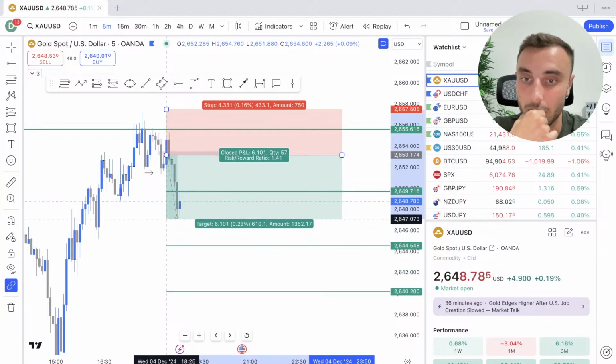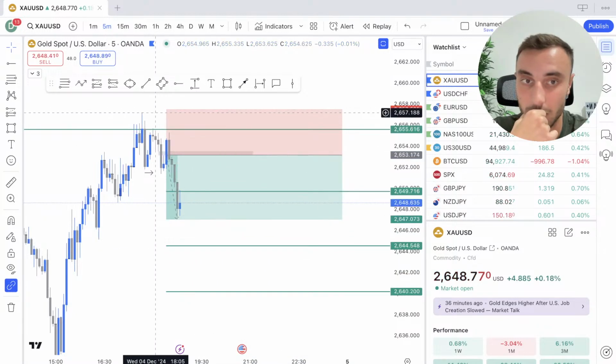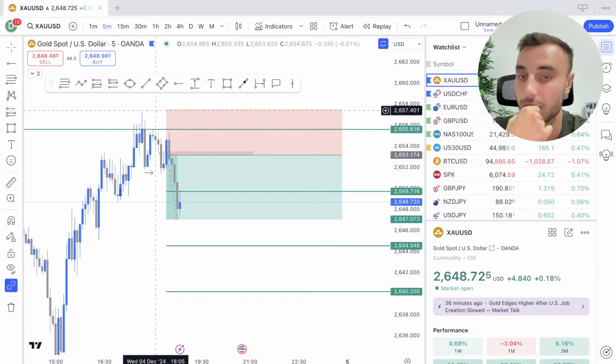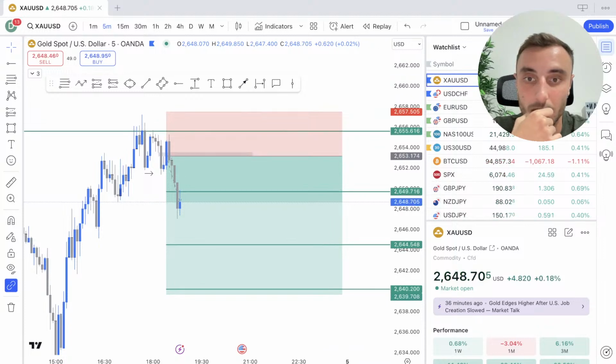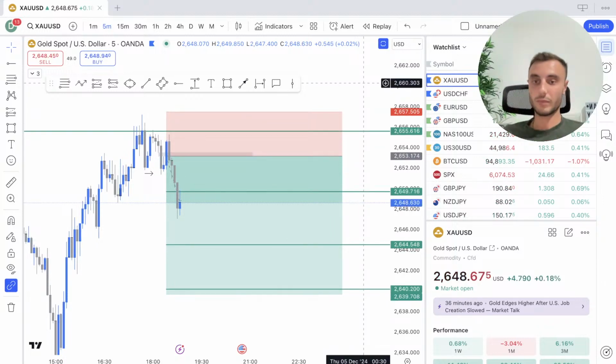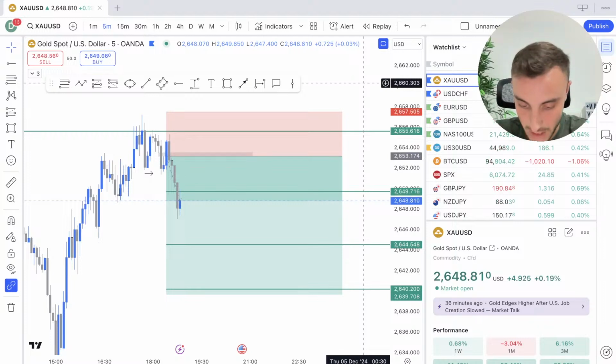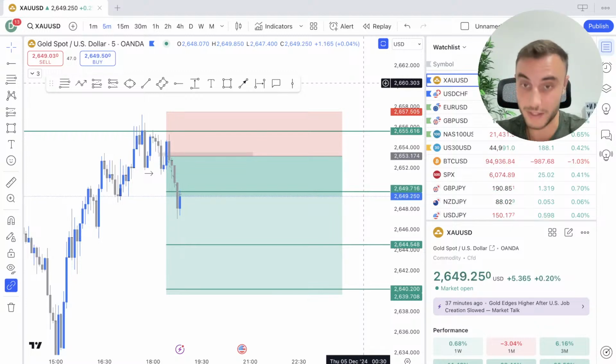Gold ran, okay, so break-even level right there. Break-even level was hit, which is good. I will check your messages in a moment, okay?